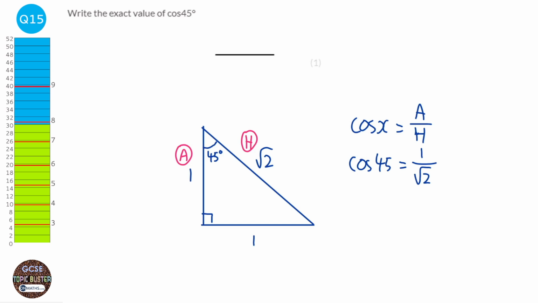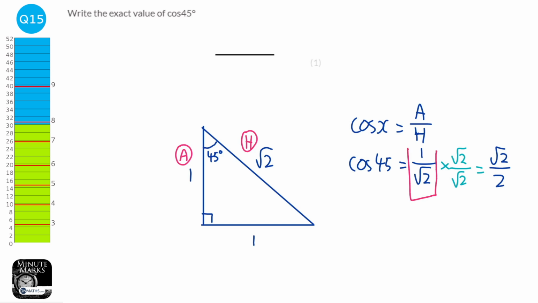And basically what that means, if you haven't done surds yet, or you aren't doing surds, is you times top 1 by root 2. And so we end up with root 2 over 2. So if you ever see 1 over root 2 is absolutely fine as an answer, but if you ever see the answer as root 2 over 2, the two are actually exactly the same. So writing 1 over root 2 is fine, or writing root 2 over 2 is also correct.